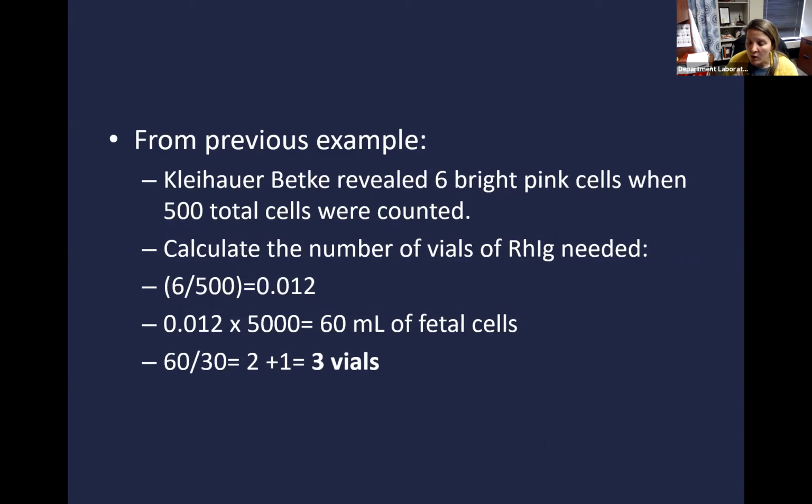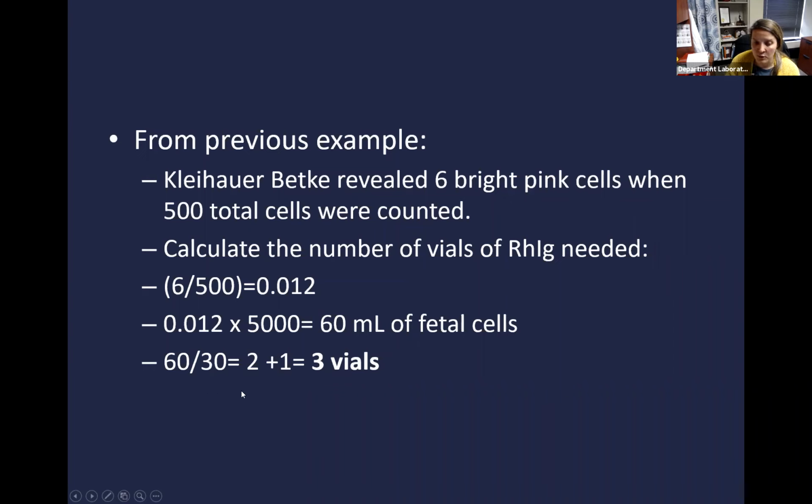Remember, 1 30 microgram vial of RhoGAM will clear a 30 mil bleed or 15 mils of red cells, okay? So you take the amount of fetal cells in mom's circulation, so right now we have 60, divided by 30, all right?